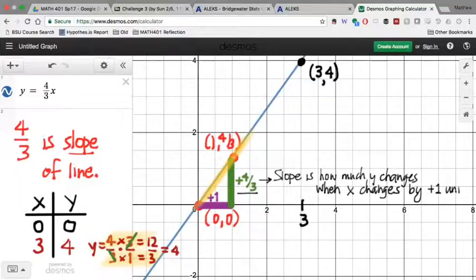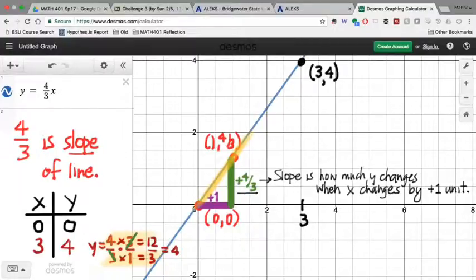Between our first 2 points, it was just 1 unit. So one way of thinking about slope is it's an answer to the question, if I increase x by 1 unit, what happens to y? Right? So in this example, when I increase x by 1 unit, y gets increased by 4/3 of a unit. And that's why the slope of this line is 4/3.